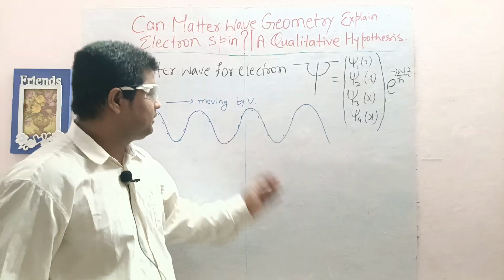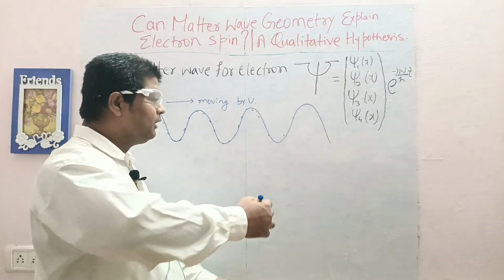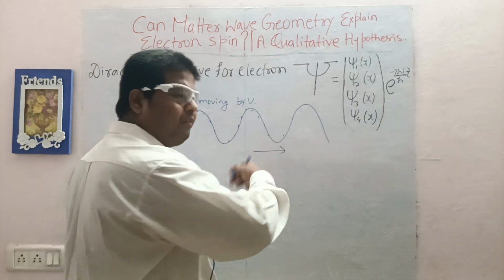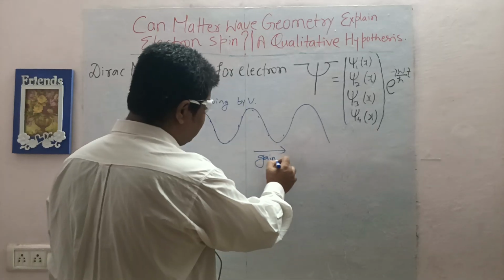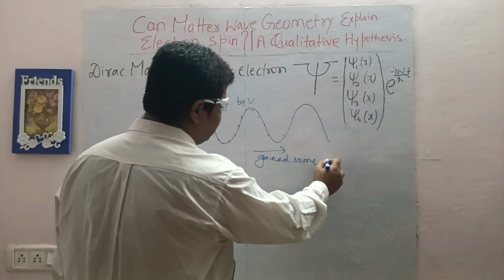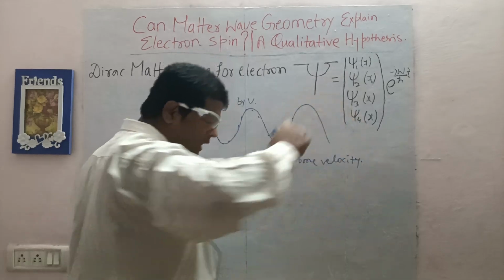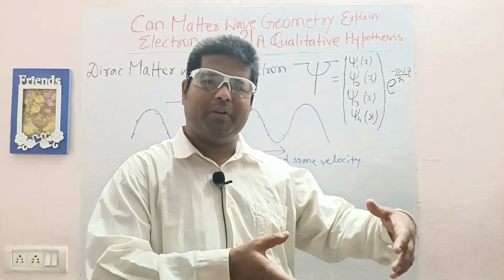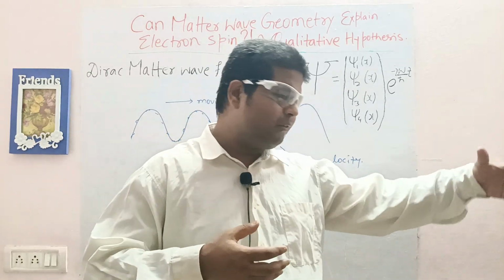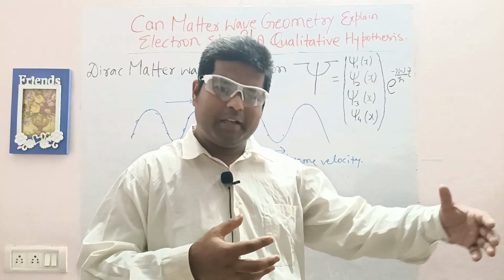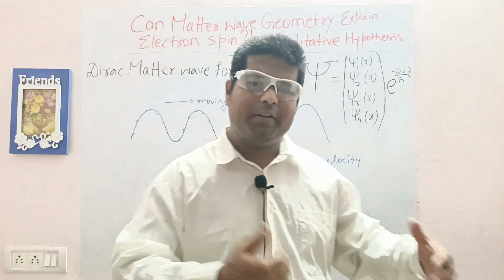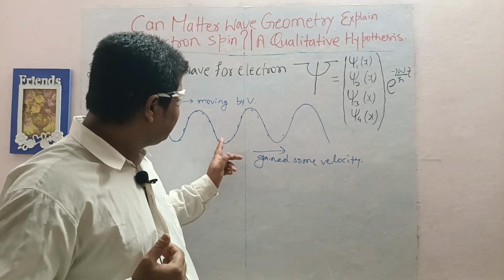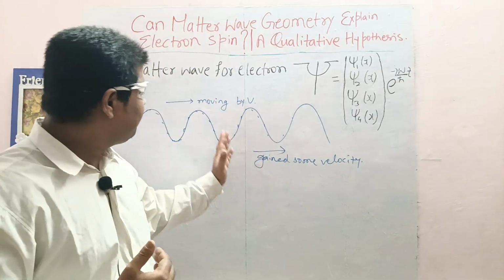Now here is a twist. Suppose some parts of the wave have gained some high velocity, and that part of the wave which has gained the high velocity will now move with high velocity, and the other part where that velocity hasn't touched yet still feels the earlier velocity, and there will be a difference in the velocity.